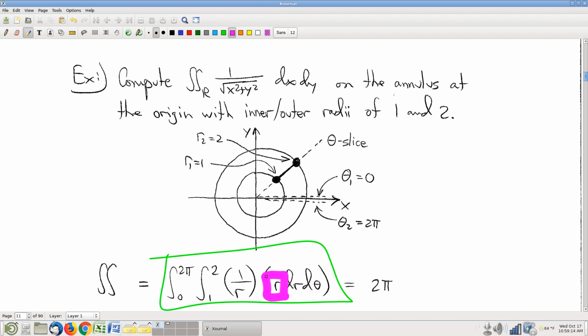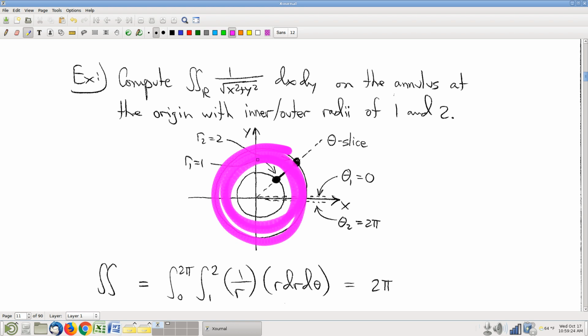Don't forget your stretching factor. I make a big deal about the don't forget your stretching factor because it happens so often that students are spending so much time thinking about the domain and how to slice and what's the range of values, and then they're so focused on the domain they in fact very often forget.